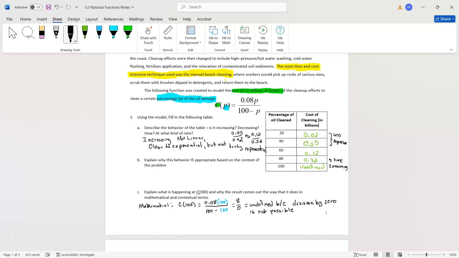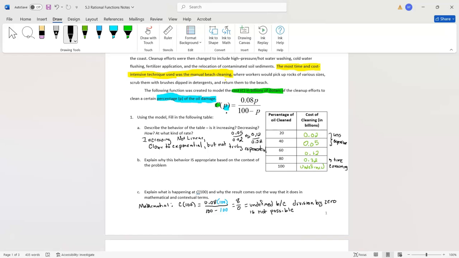Now, looking at it contextually, as the percentage of our cleanup increases, and this is an increasing table, we get closer and closer to 100% and the cost becomes a lot more expensive.